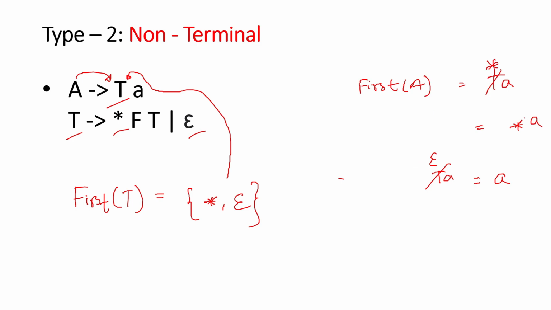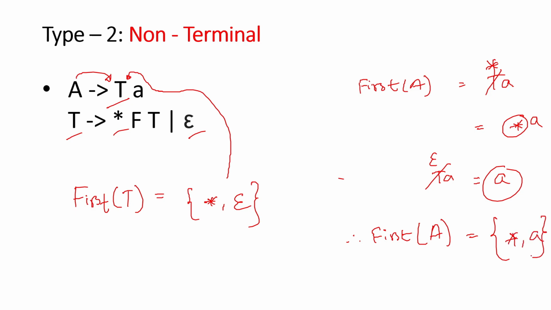From here I got this one, and for epsilon I got this one. Therefore my first of A equal to star and a.